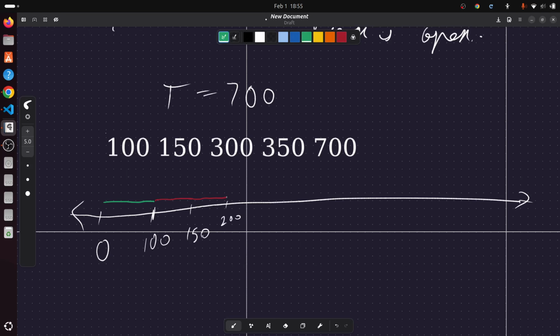So we'll open it, and at 300 again Aoki visits, and then we'll close the box until t equal to 400. And in between, if you can see, at 350 Aoki came, right?